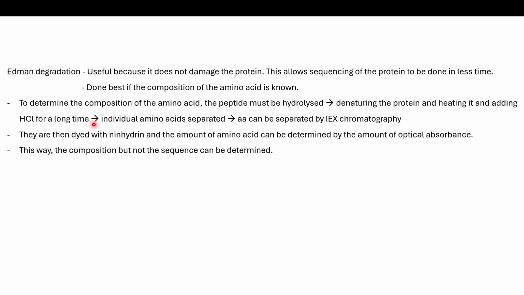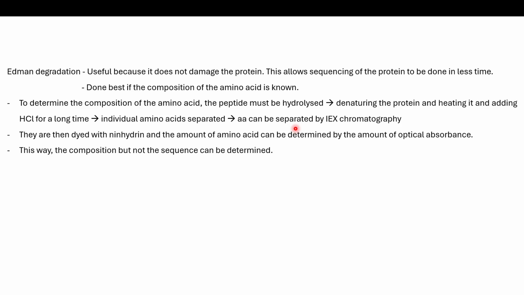Then what happens is individual amino acids eventually separate, and then amino acids can also be separated by ion exchange chromatography, because different amino acids have different properties, like what we were looking at, owing to the type of side chain that one has, whether it's a polar group, whether it's a basic group, acidic group, whatever side chain is there.